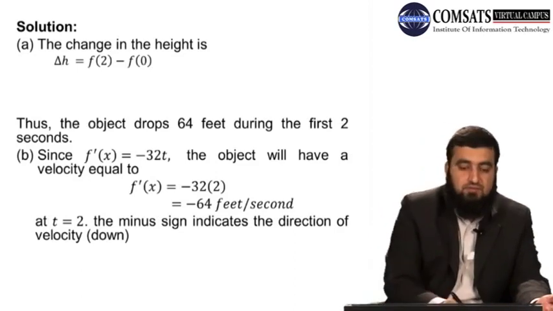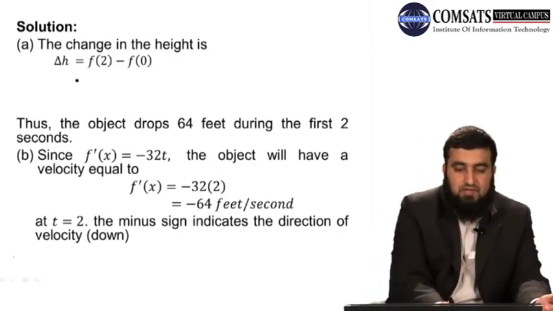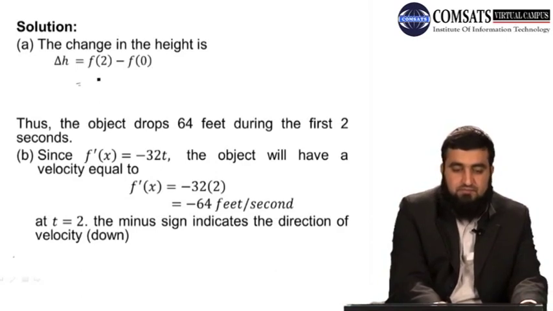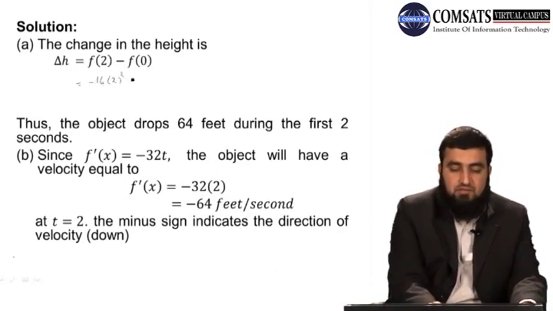So what is f of 2? So the f of 2 is given by minus 16 times 2 square, जो कि आपके t है वो यानी 2 है यहाँ पे, plus 1296.